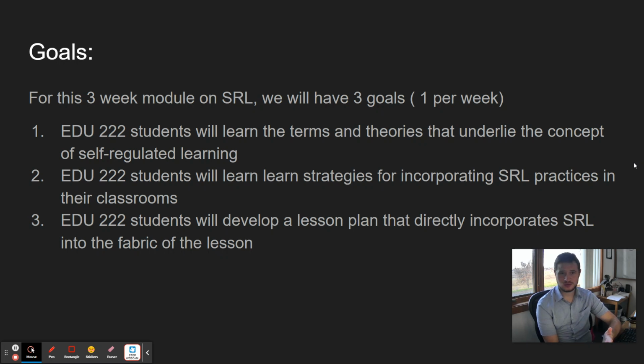Then I want you to learn during week 2 the actual strategies and practices that are used to incorporate SRL into your classroom. And I think what you'll find is there's a lot of overlap with engagement science, but in addition to that, you're going to see this is really just good teaching.